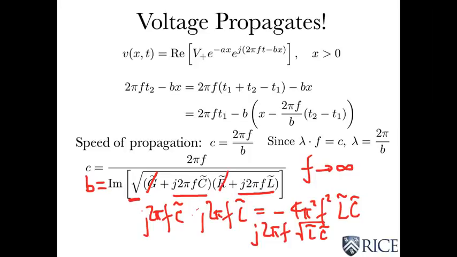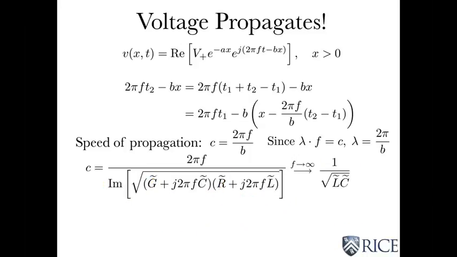So the imaginary part is just 2 pi f square root of L tilde C tilde, and the 2 pi f's cancel, and lo and behold, we find that the speed of propagation depends only on the characteristics of the cable, and it's equal to that quantity. It depends only on the inductance per unit length and the capacitance per unit length of the cable.